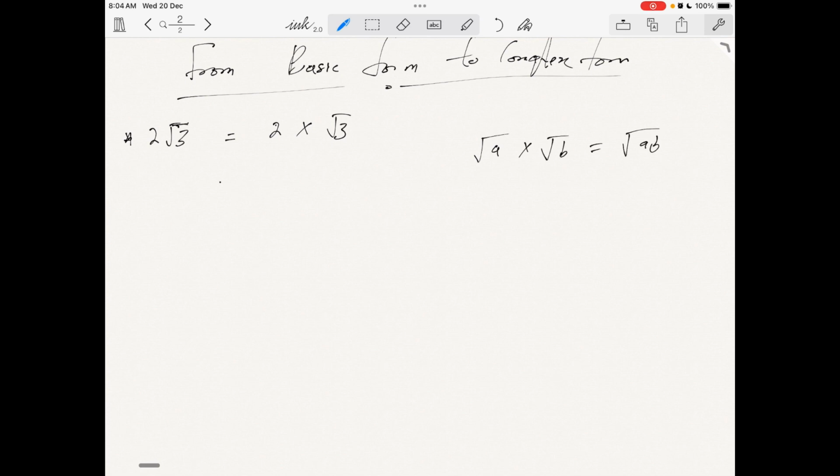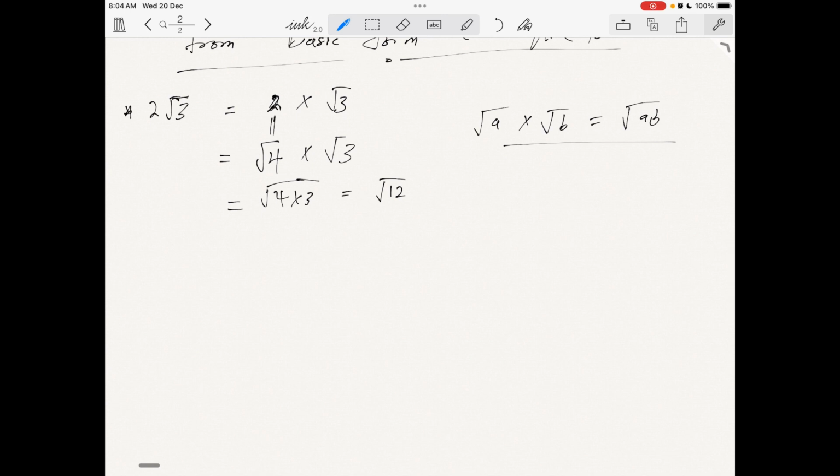So going back in reverse order, to get the 2 into a square root, what's the square root of a number that will give us 2? Definitely the answer is 4. So root 4 multiplied by root 3, because root 4 is the same thing as 2. Now we apply this law, and we have 4 times 3 all in the square root, and that will give us root 12.